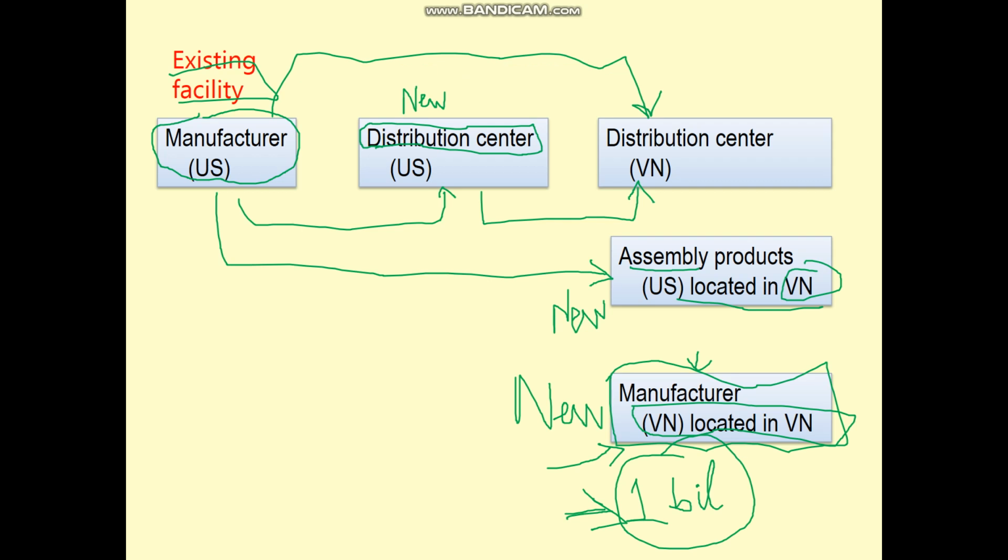For example, we have the cost to locate the new factory in Vietnam is 1 billion, and they have to produce and sell 1 trillion products to take 1 billion USD back. So 1 trillion, this number is the break-even point.